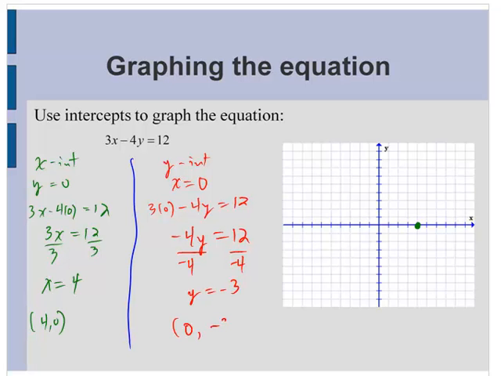And so we'd have the ordered pair 0, negative 3. And then drawing the line through those points, and labeling it: 3x minus 4y equals 12.